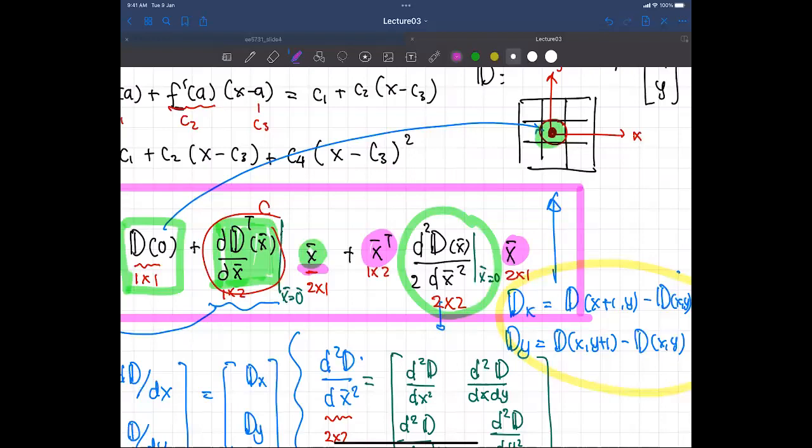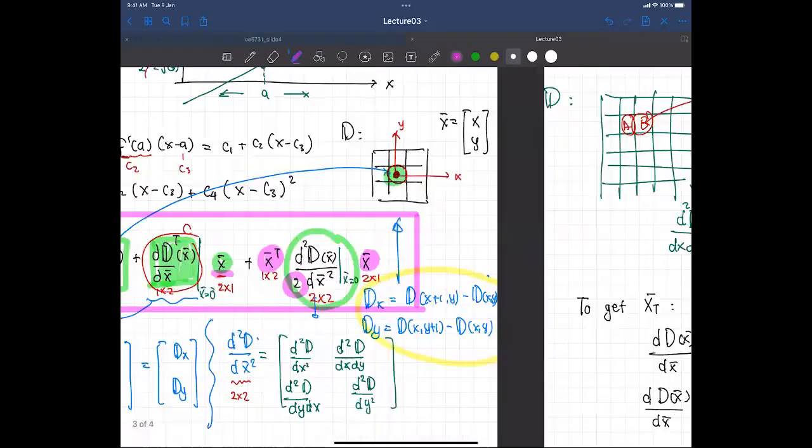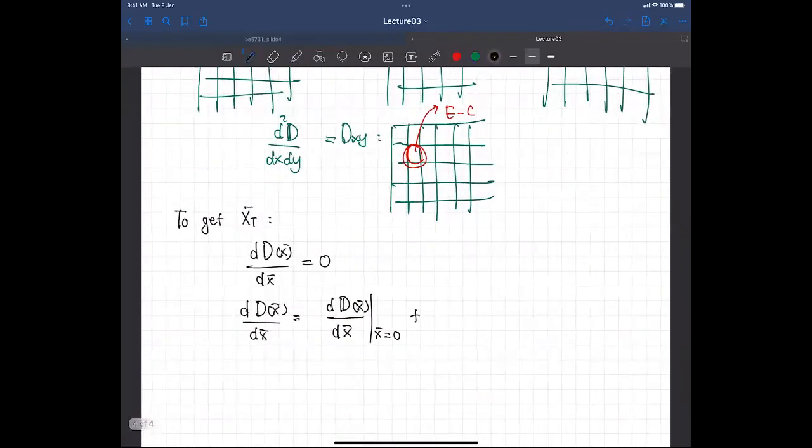So what is the derivative of cx squared? 2cx. So you have 2 there, and you have 2 there for the 2 factorial. You can cancel 2, then you will get the second derivative of x bar, d squared over dx squared when x bar equals 0, multiplied by x bar.